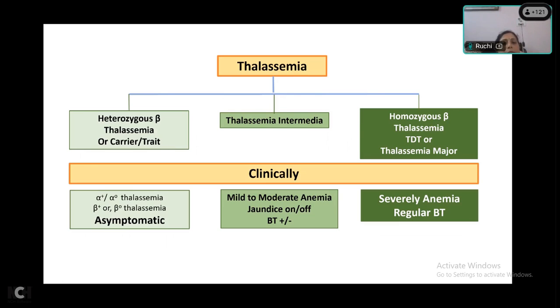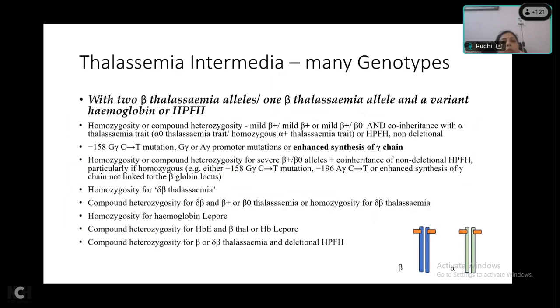But genotypically, if you see, thalassemia intermedia could be due to multiple conditions. It could be either mutations of both the beta genes, one beta gene and another maybe delta beta or Lepore, or deletional HPFH, or there is coexisting alpha thalassemia, or there is homozygosity of delta beta thalassemia.